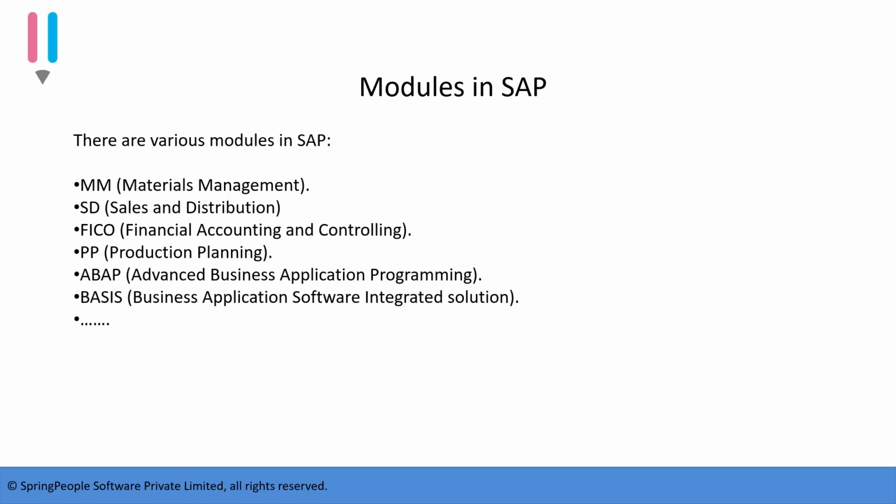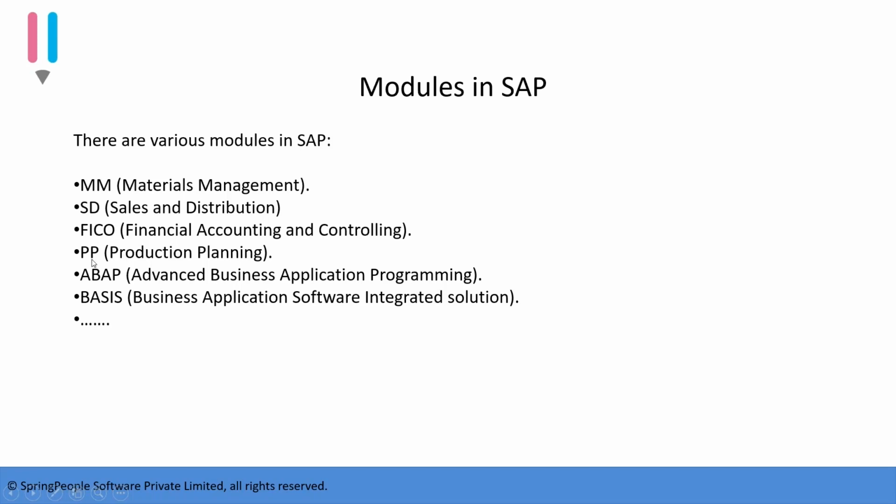So all the purchasing plus stores activities are handled by MM. A sales department will be able to sell products only if they are manufactured or procured. Procurement is taken care of by the MM module, and manufacturing is taken care of by the PP module.